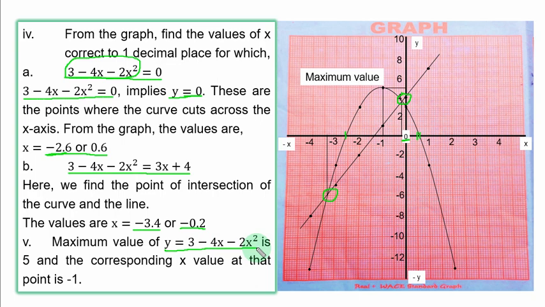We have an n-shaped parabola, so the maximum value is the peak of the curve, and that is this point. So you trace that point to the y-axis and you trace it to the s-axis because the question says so. So the maximum value is 5, and the value of s at which it occurs is -1, and that is what you have here.